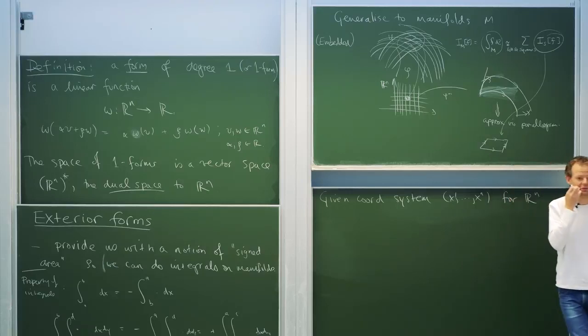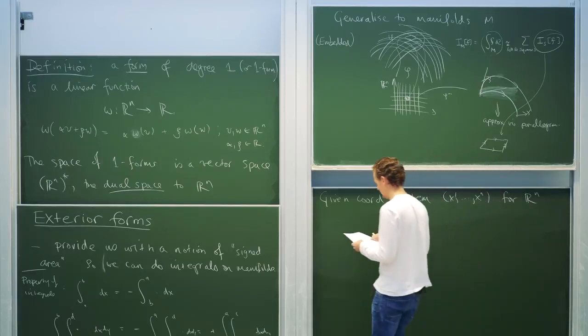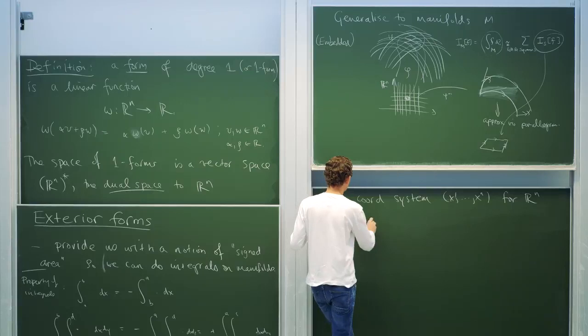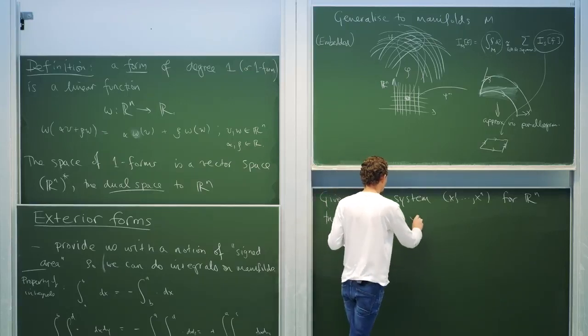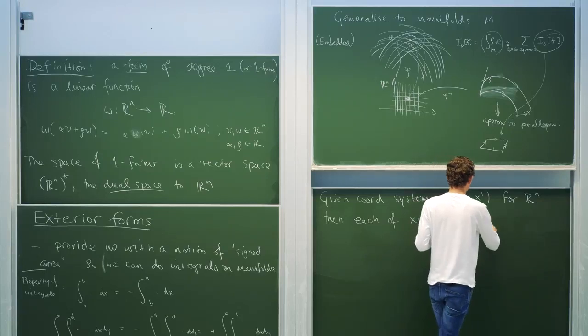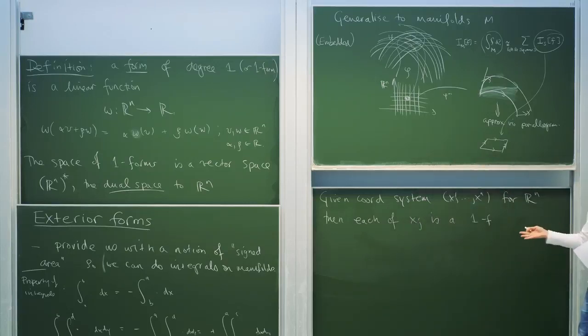So if we have a coordinate system for Rn, just a standard rectangular coordinate system, then each of these n functions, x1 through xn, they're linear functions on Rn, so they give us one forms.